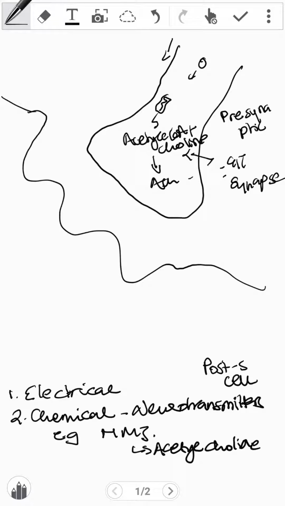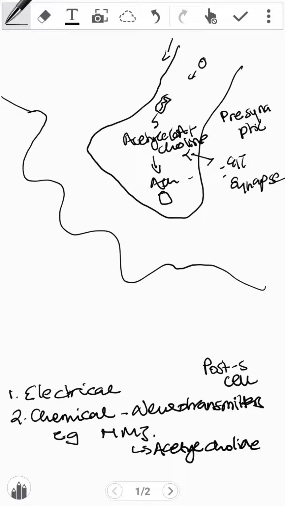This acetyl and the choline is what gives us our final ACh, and the ACh is stored in the vesicles that are coming from the cell body.